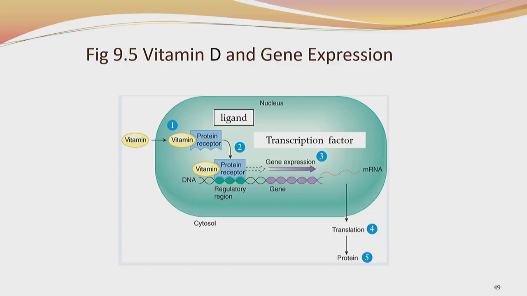Vitamin D also functions in gene expression, and we've already seen this figure; it's exactly the same as the figure for vitamin A. Here again, we see vitamin D acting as a ligand, helping with the expression of a specific gene. We did see how vitamin D helps through this process to produce the calcium-binding protein.